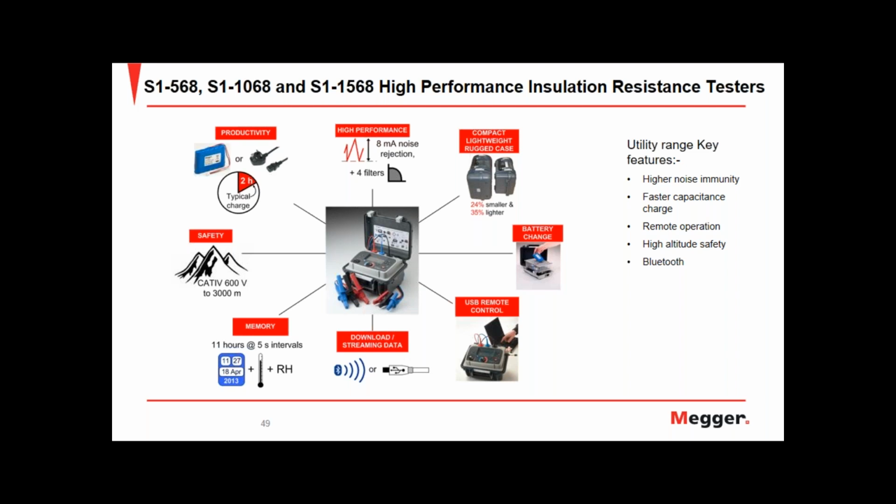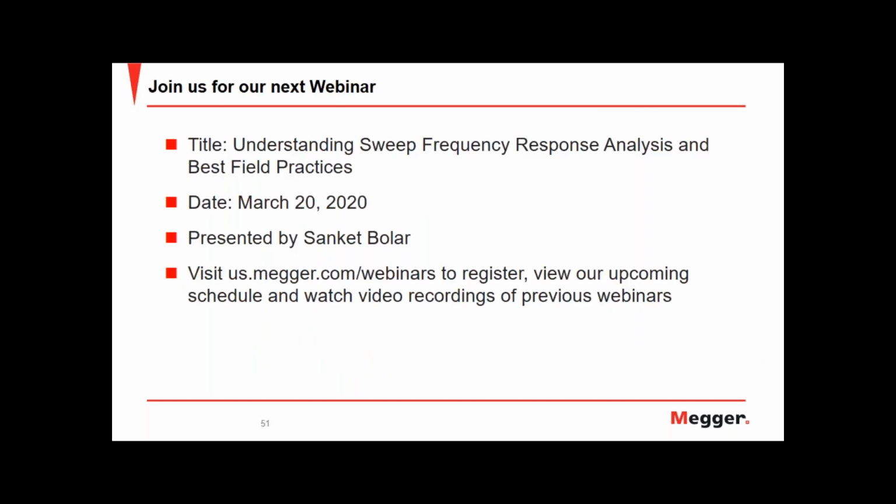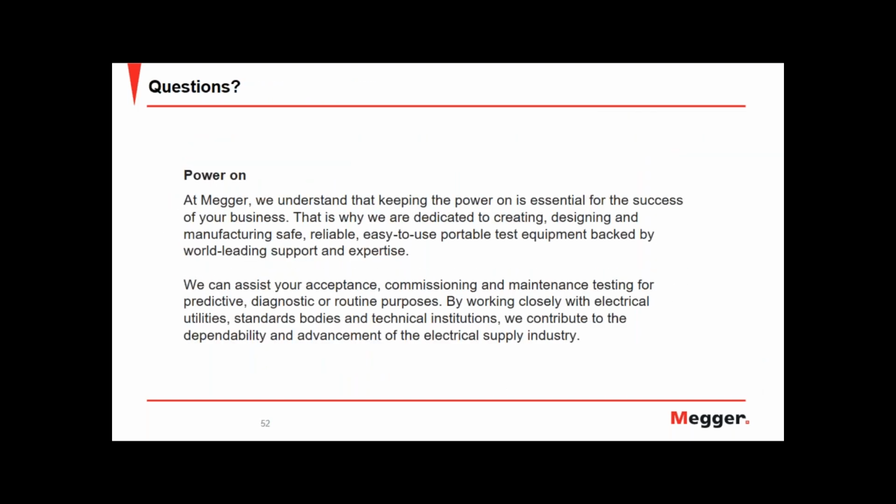A good criterion to run the test is to apply the voltage long enough that you see the value is not changing, and that will probably give you a good way to test that cable. And if not, then you have to go to other instruments specialized for cable testing, like VLF or other types of diagnostic testing.